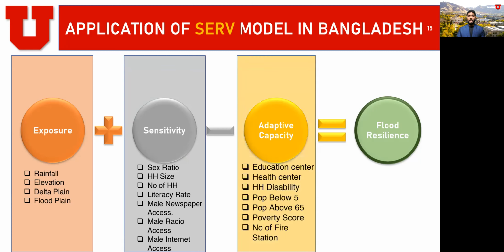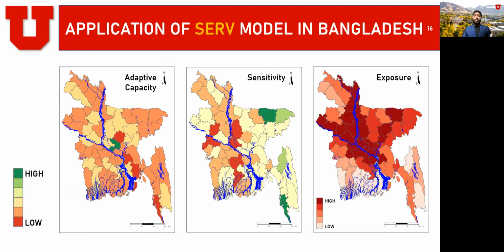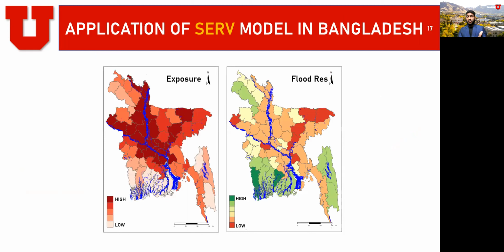Adaptive capacity is education center, health center, household disability, population below 5, population above 65, poverty score, number of fire stations. And then using the equation, we get the individual maps of adaptive capacity, sensitivity, and exposure, and the ultimate flood resilience map through the SERV model.